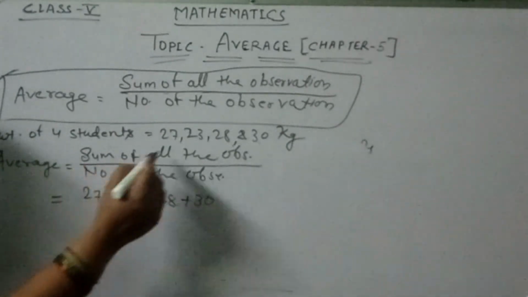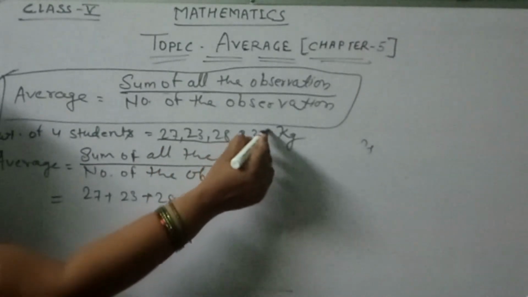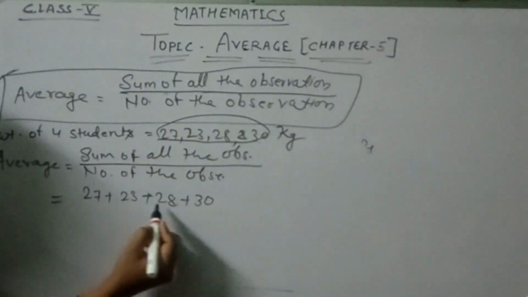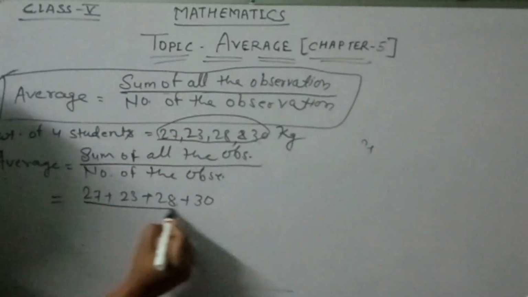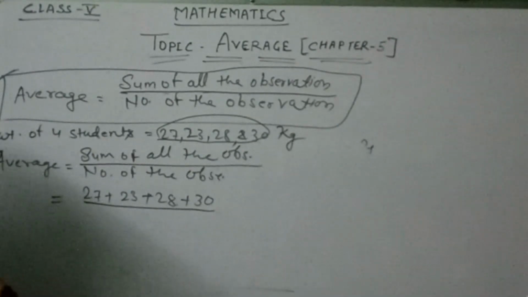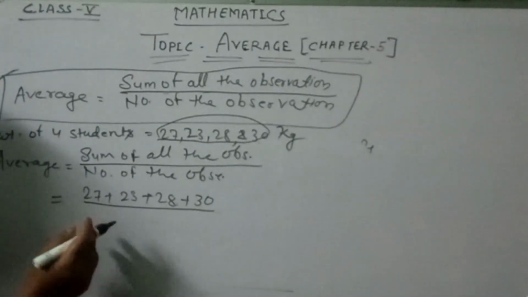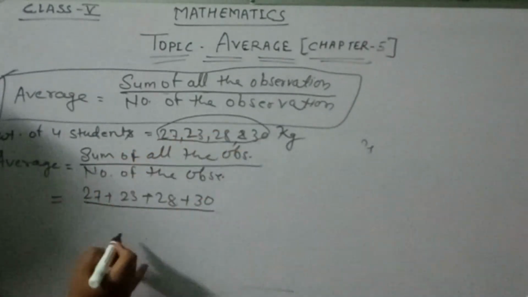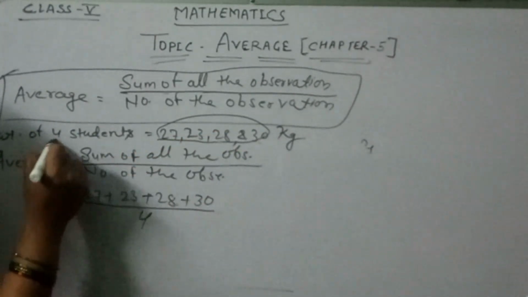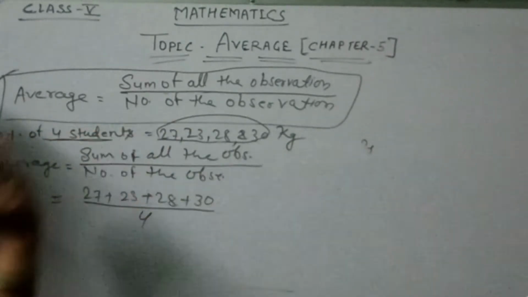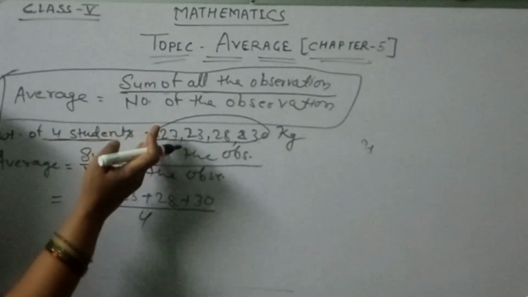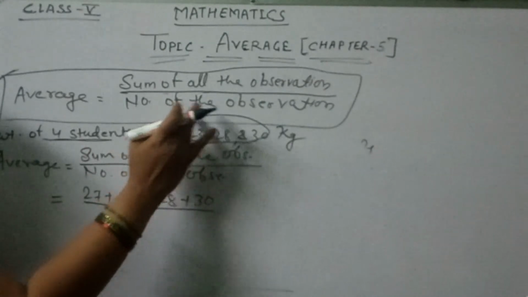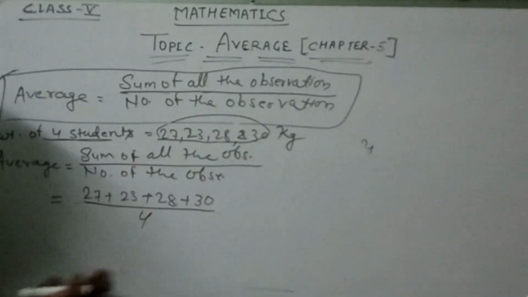I have written the sum of all the observations here. After that draw a line and divide. What do we write? How many numbers are given here? 1, 2, 3, 4. 4 numbers, and the question also mentions 4 students' weights.